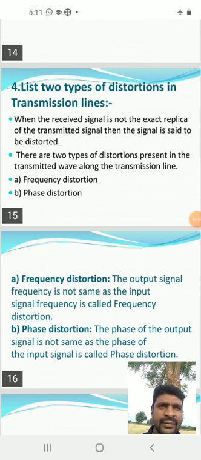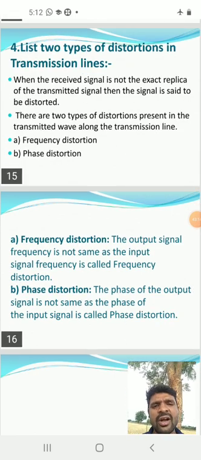That variation of the output phase from the input phase is called phase distortion.